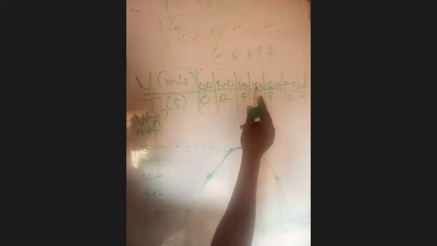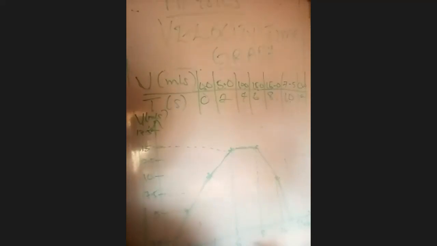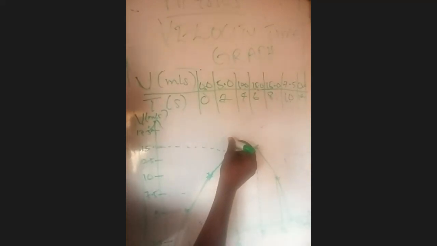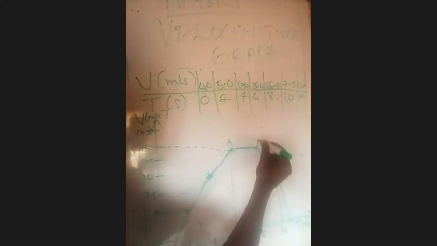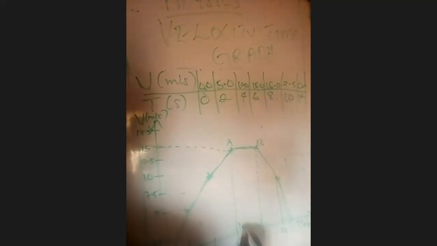When the body maintains uniform velocity, that is 6 and 8, we can name this point where the body maintains uniform velocity as A and this place B. And here can be P and this place may be Q.